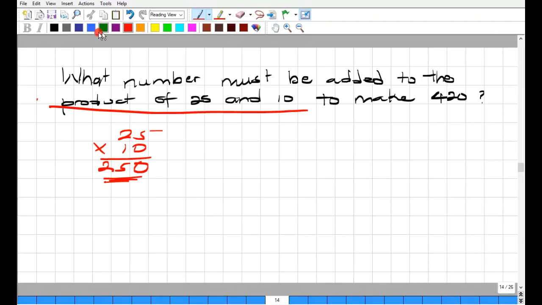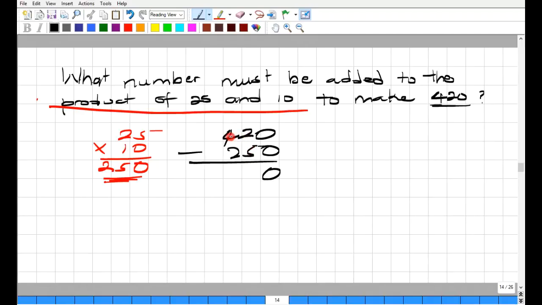Now I need to know what I'm going to add to that to make it up to this. One easy way to do this is to find the difference between these numbers. So let's take 250 from 420 and see what the difference is. 0 from 0, 0.